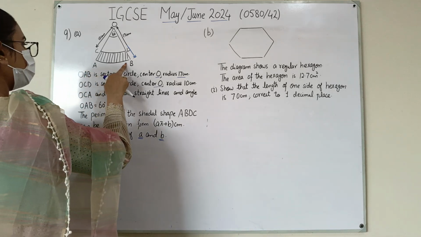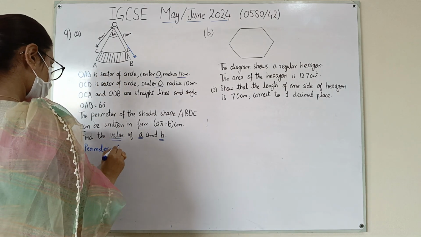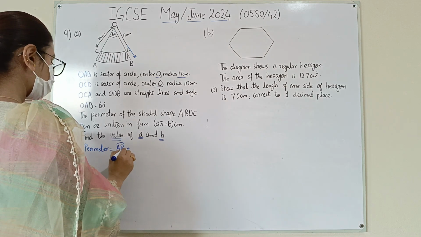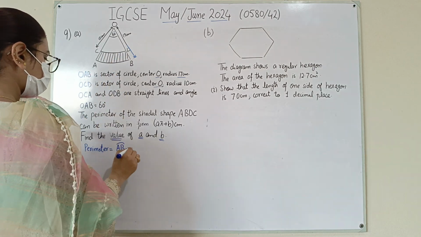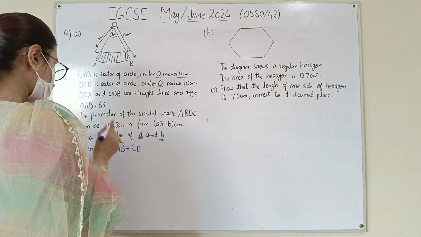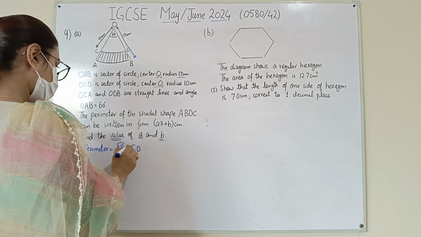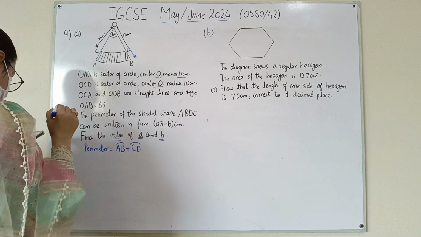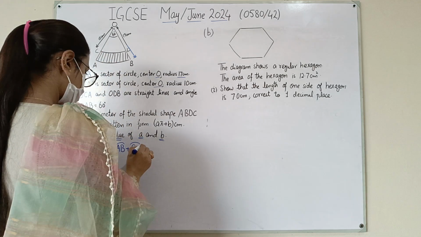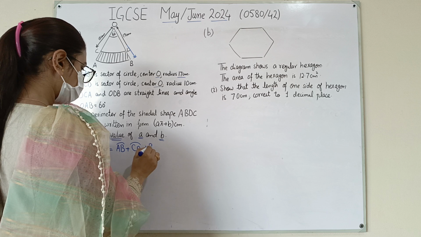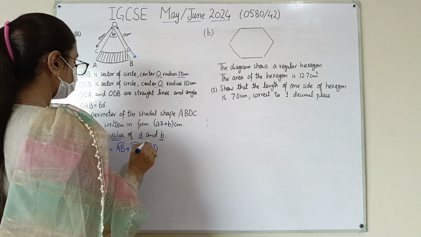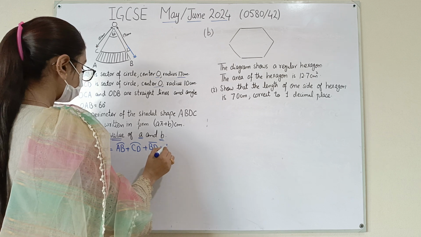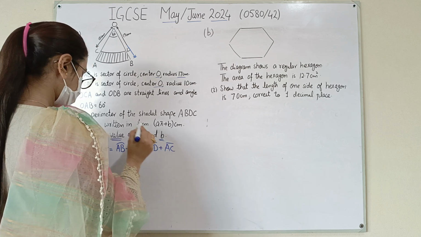First of all, AB is an arc, the length of AB. CD is also an arc, the length of CD. DB and CA are the straight lines. BD is a straight line, also AC is a straight line.